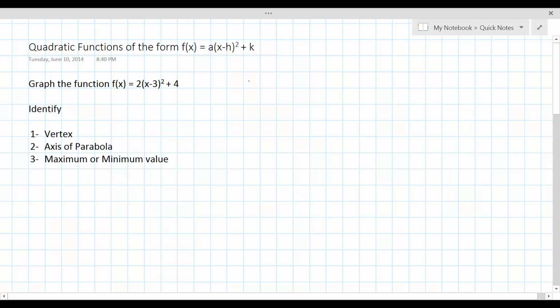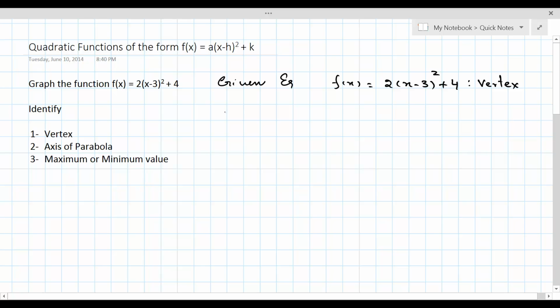Here the given equation is f of x equal to 2 times (x minus 3) squared plus 4. We need to find out what the vertex would be.